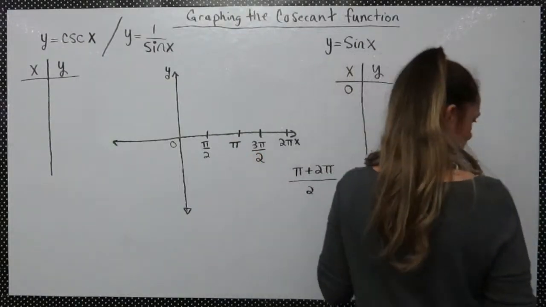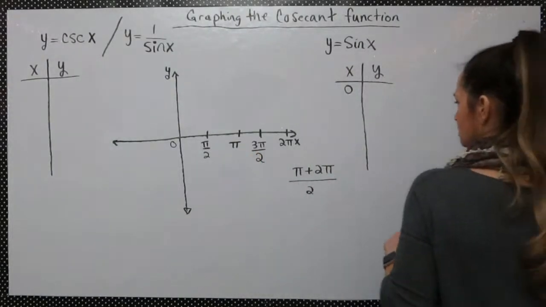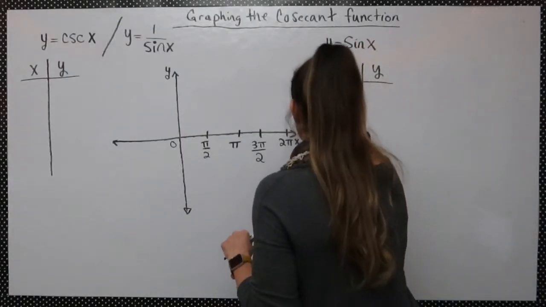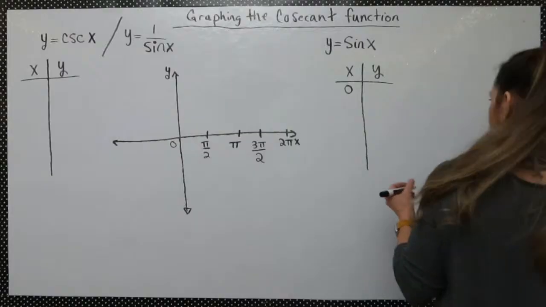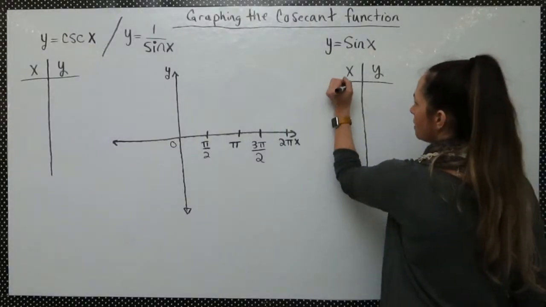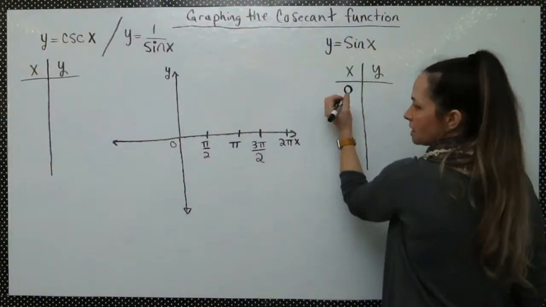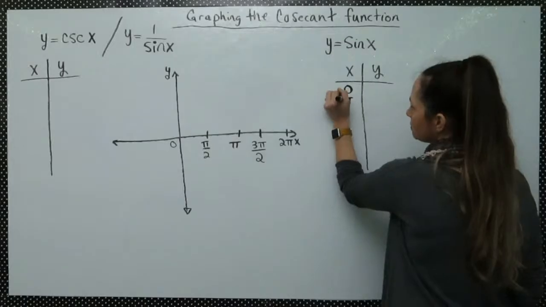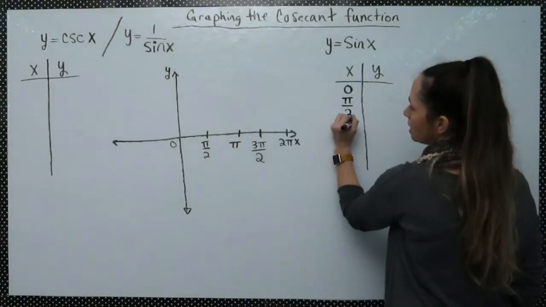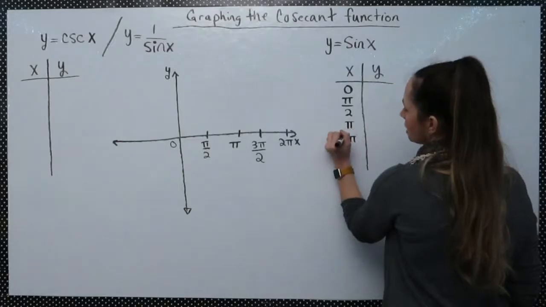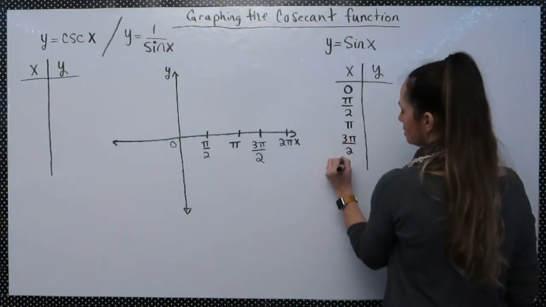And that's right, because that's 270. So we'll go ahead and put our table values for our domain. We got pi over 2, pi, 3 pi over 2, and 2 pi.